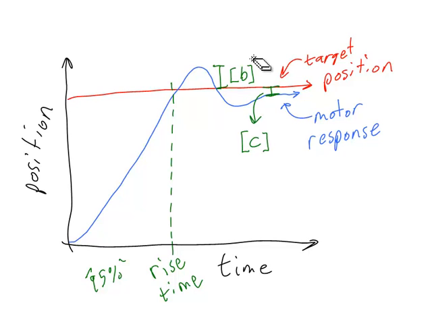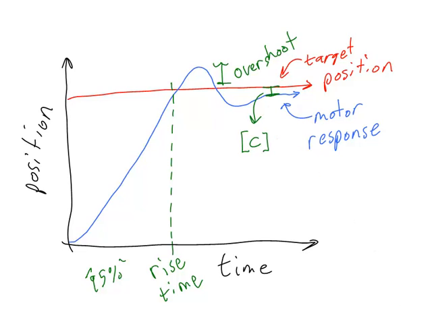The second performance characteristic that we saw last time is up here. This is called the overshoot. The overshoot is the amount that the motor response goes past the target position.